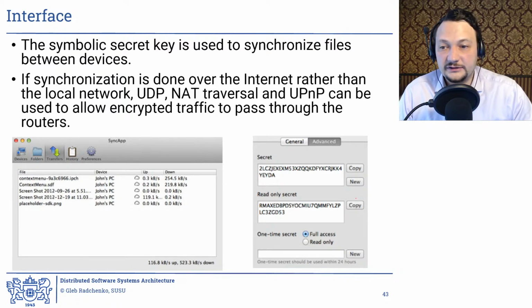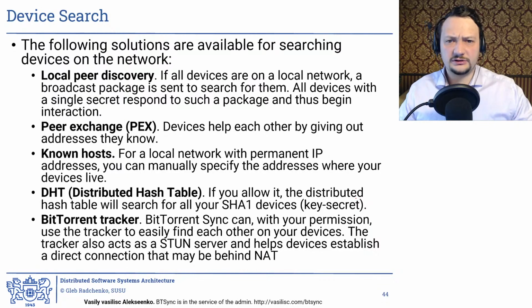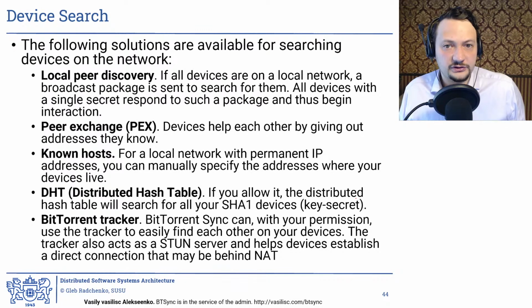You create folders on your machine and you tell Resilio Sync to synchronize these folders between your machines. It can use different ways to organize the communication between the machines and search for the resources: local peer discovery, peer exchange.